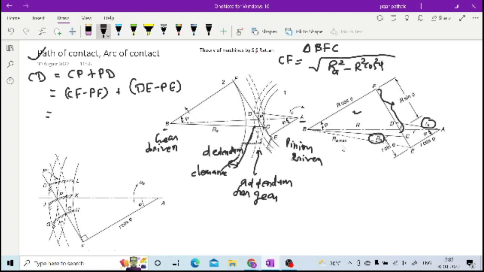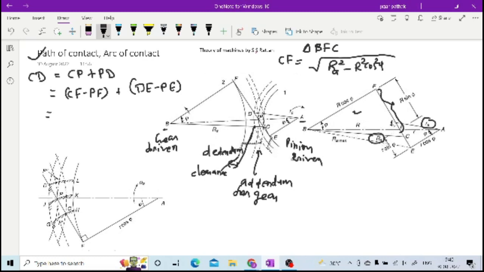Because here you can see this is RA, BC is RA and BF is R cos phi. So CF is the square root of BC square minus BF square, so RA square minus R square cos square phi. So this is how you have your CF. Similarly, what is PF?